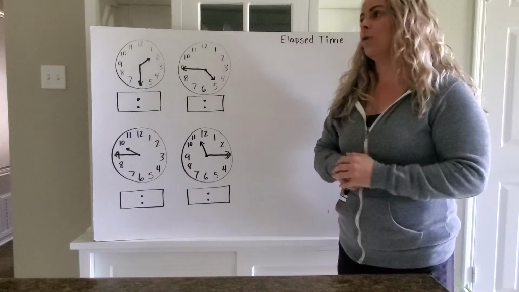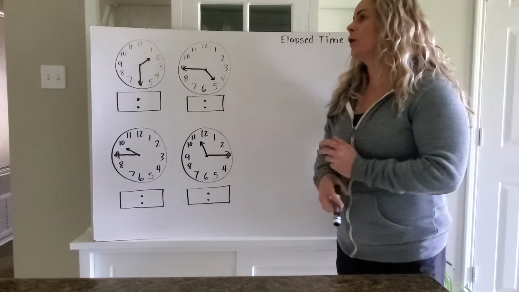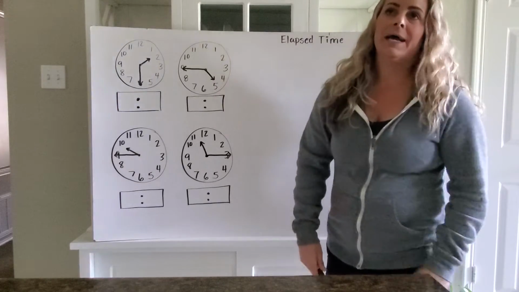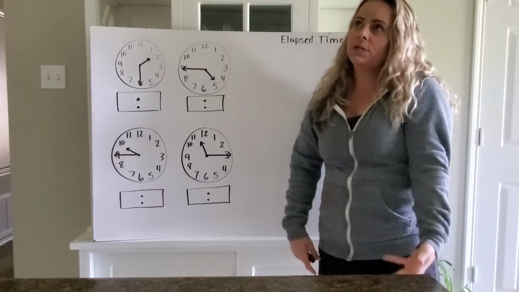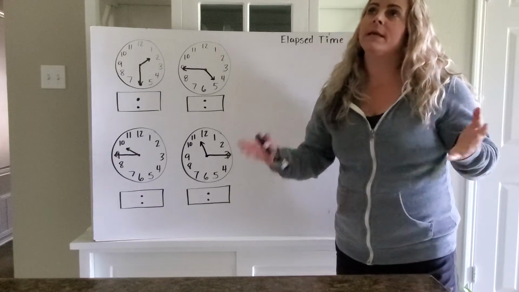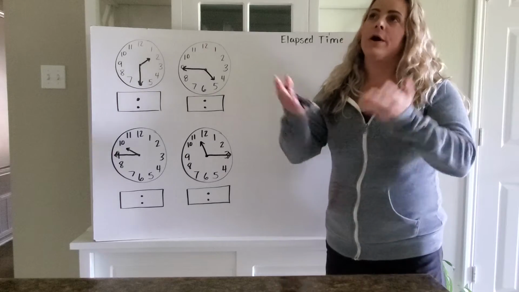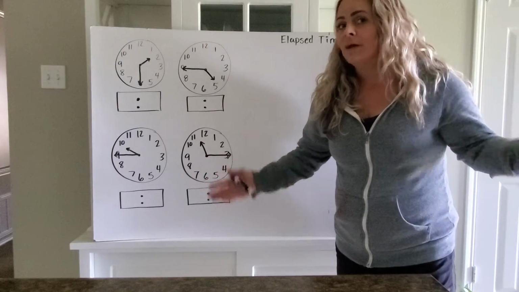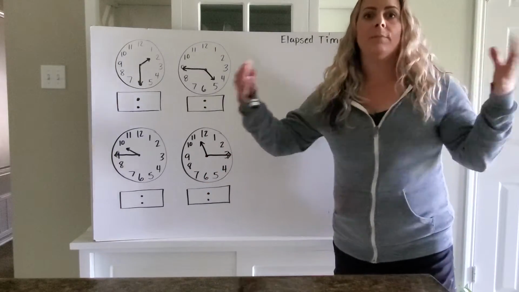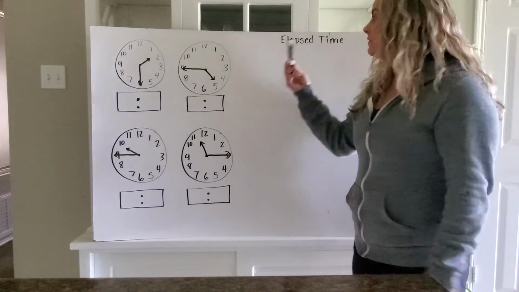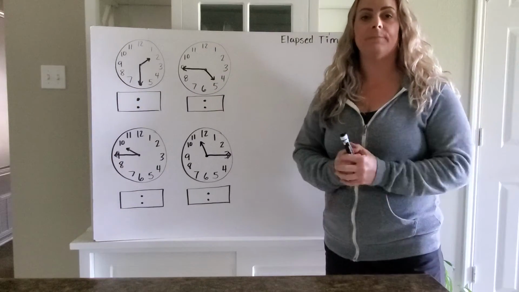So, like, if you go play outside at 12:30 and then you come in and it's 1:45, figuring out how much time you were outside really is figuring out elapsed time.